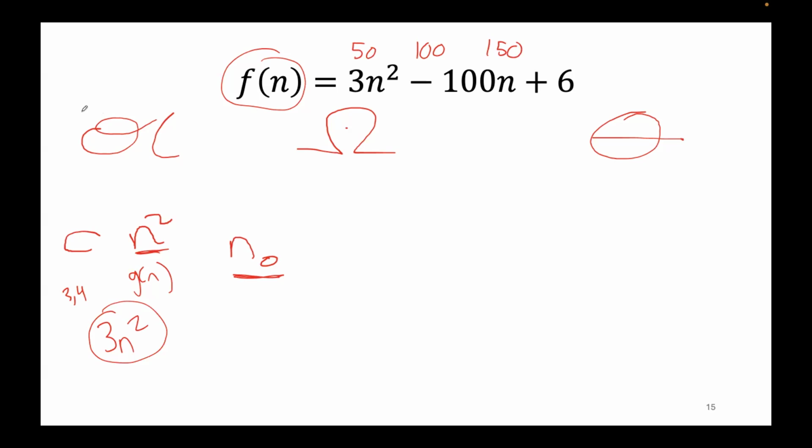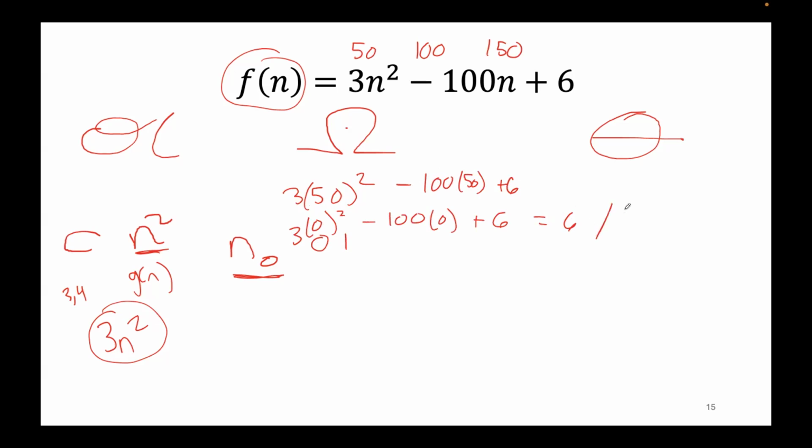Someone want to confirm that? Yeah. So let's try 0 and 1. 3 times 0 is just going to give us 6, right? And 3n of 0 versus 0.